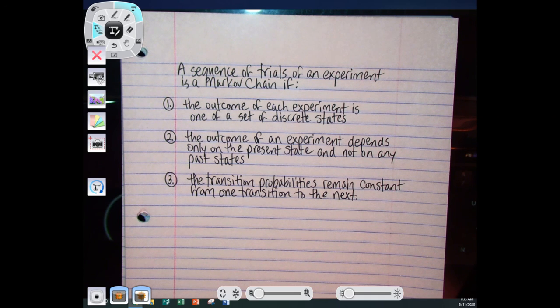So in the previous example, you were either lower, middle, or upper class. Each one of those is a discrete, distinguished state. 2, the outcome of an experiment depends only on the present state and not on any of the past states. And then 3, the transition probabilities remain constant from one transition to the next. That means they do not change whatsoever.